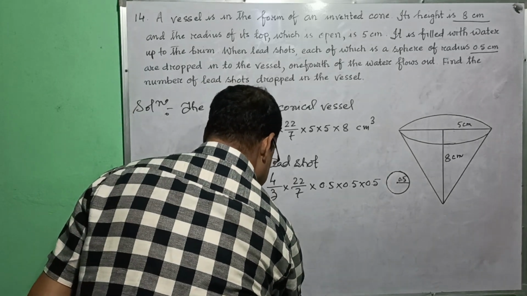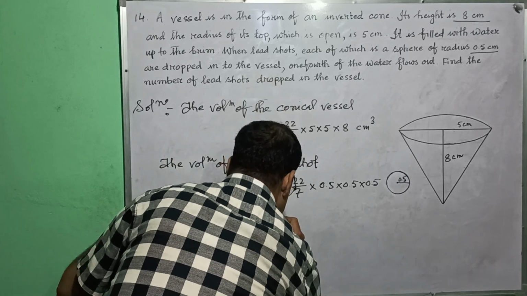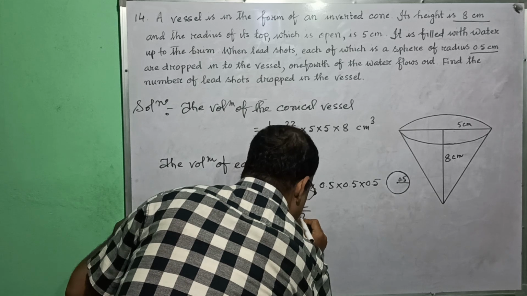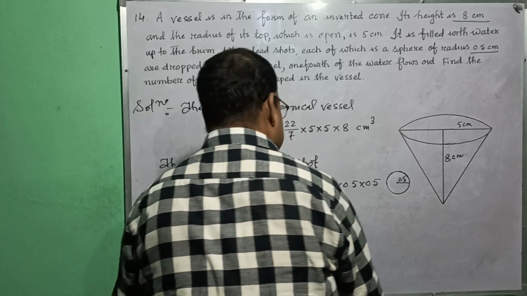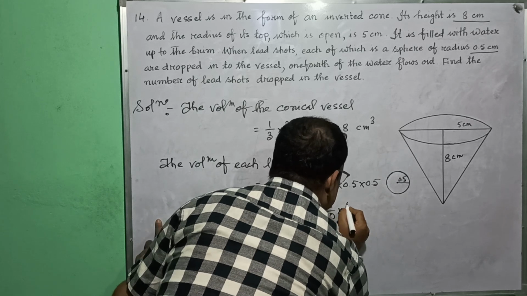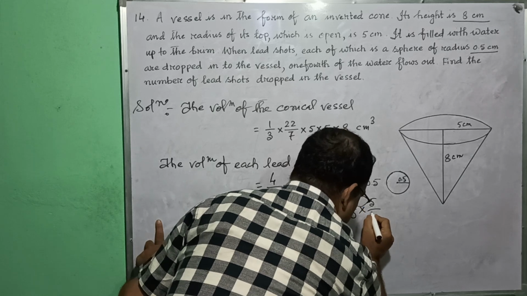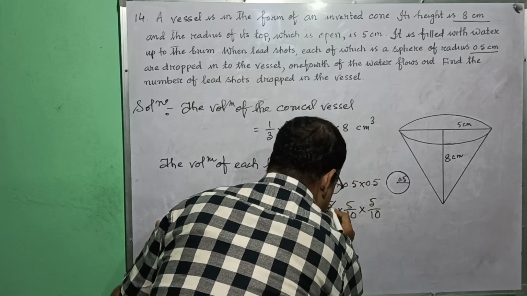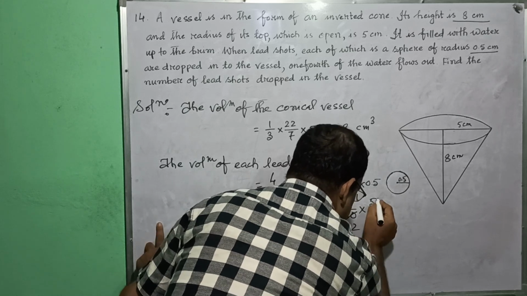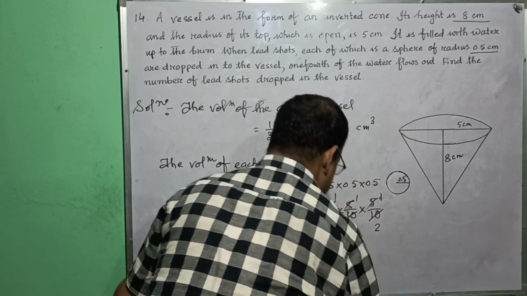Now we can reduce it. 4/3 into 22/7 into 0.5, we can write 5/10 into 5/10 into 5/10. Then we can cut it. So here it is 2, here 1, and here it is 2.